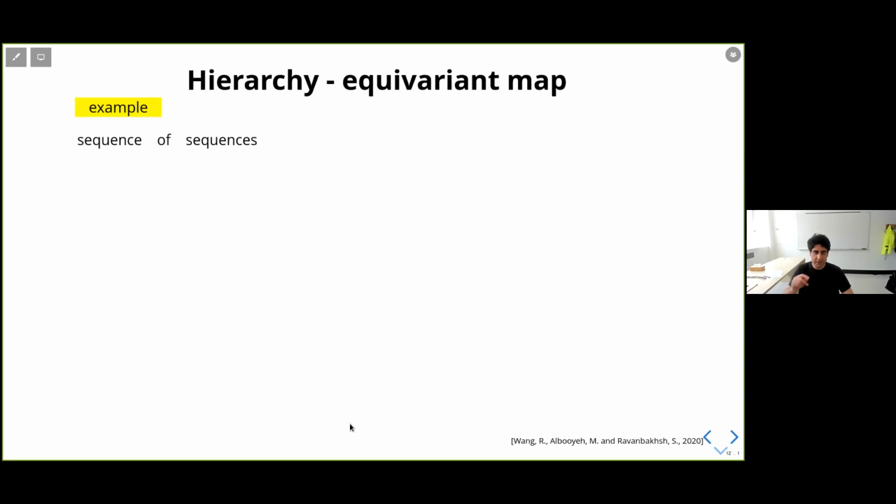So let's understand this map through an example. Suppose the data structure we're interested in is a sequence of sequences. The equivariant linear map for a sequence is this convolution matrix that we saw before, and the same for W prime. I want to create this W Wreath.